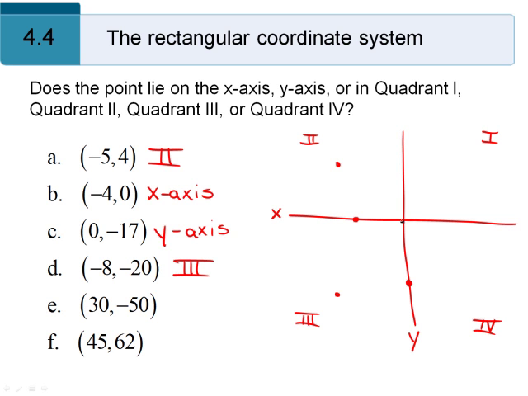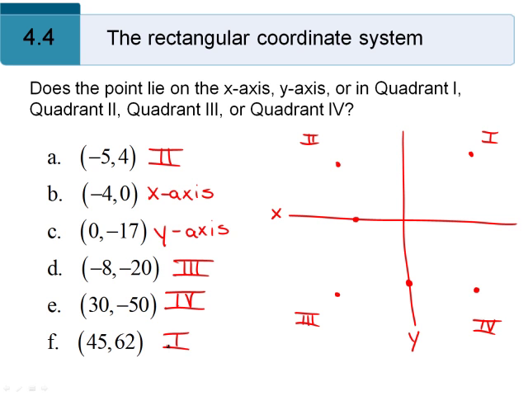So we have to go to the right, +30, but then you're going to go down -50. So it's going to be over here in quadrant 4. And (45, 62). Obviously, we're not going to plot that point, but you'd have to go over to +45 and then go up to +62. So that's going to be up in quadrant 1.